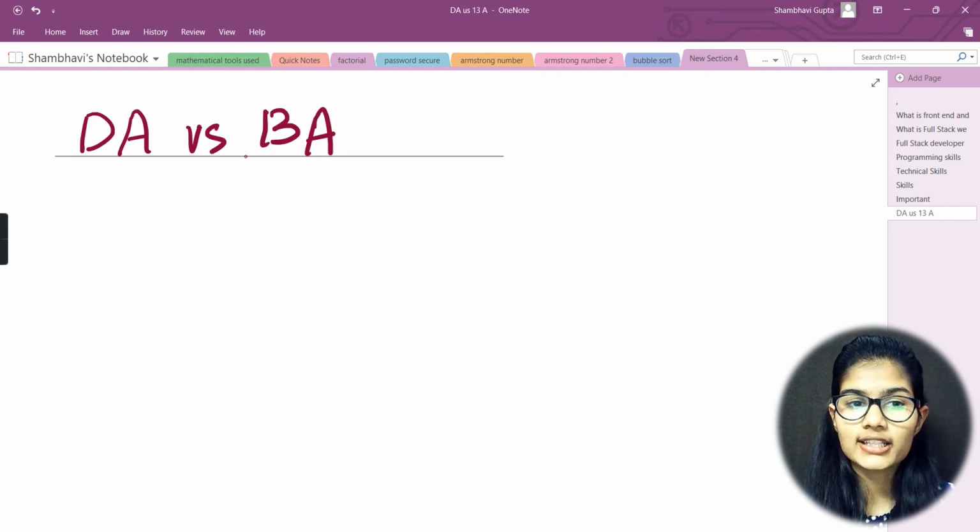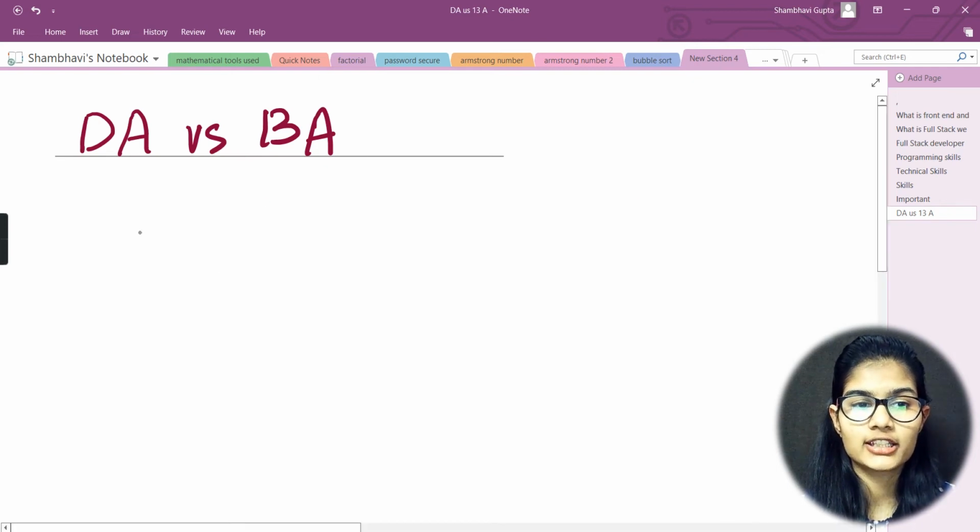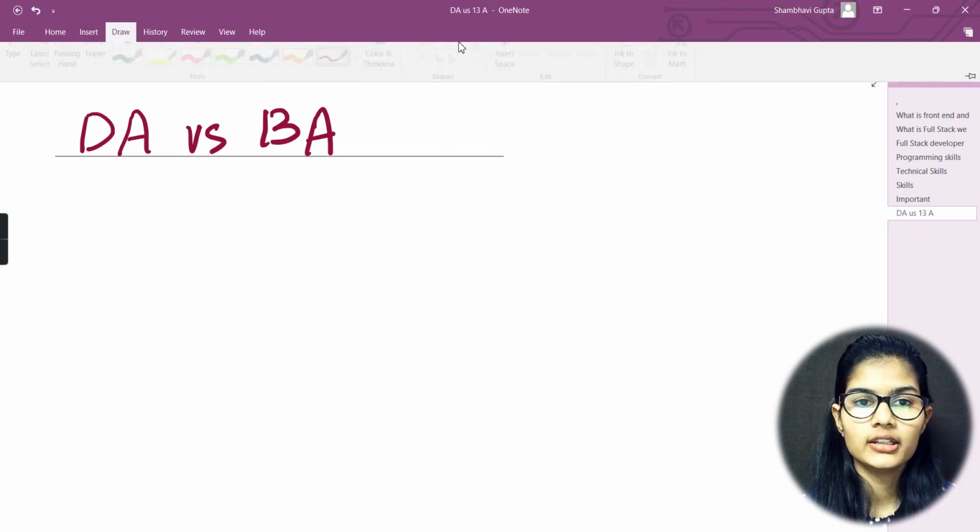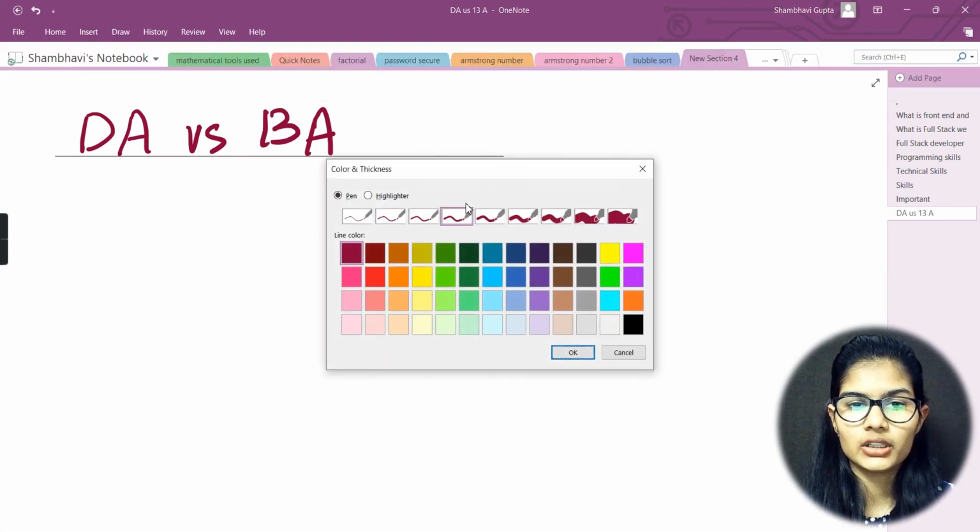They try to visualize that database, manipulate it, go through it further, and based upon the findings, they try to answer some questions. Might it make a little bit of sense to you regarding the data analyst? But let me start writing out the content, and with that it will make a little more sense to you. Let me quickly take out a new color here so that we can proceed.